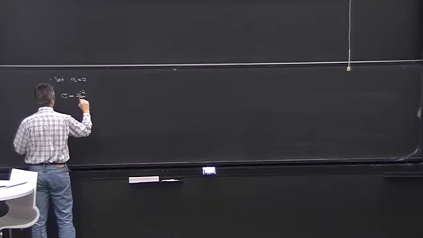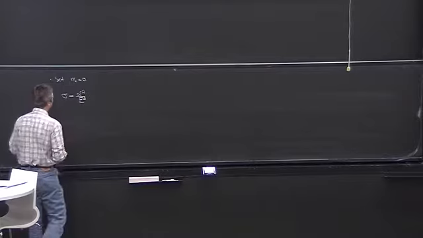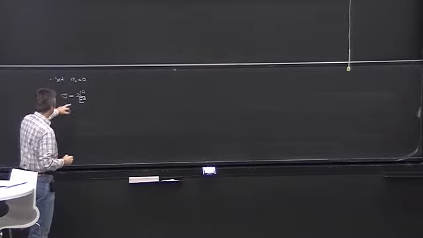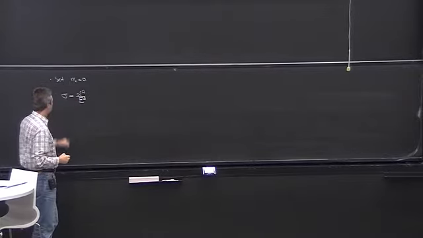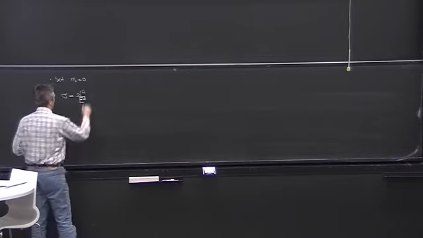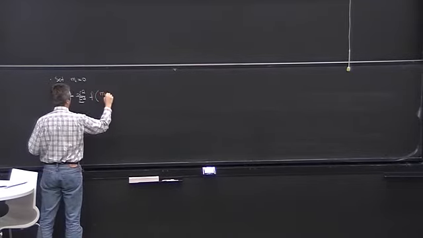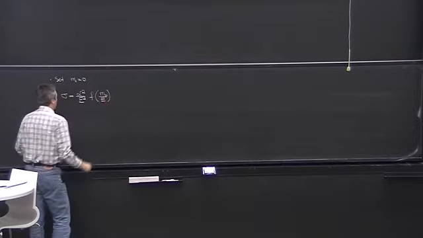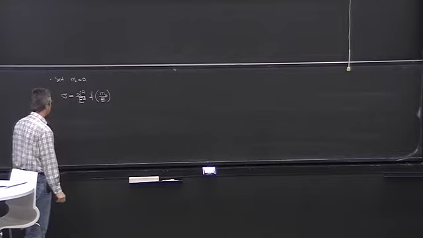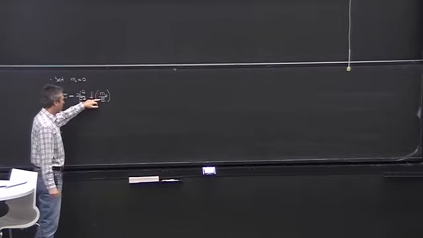Then it should go as 1 over energy squared. And then there can be some function of the muon mass, but it has to be normalized to the center of mass energy.